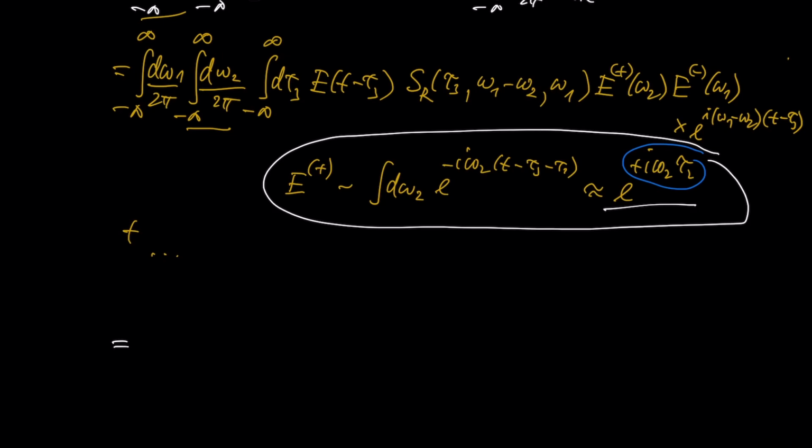Now I will not do it in detail, but if you look into what we are doing, we again replace the E(t minus tau 3) by its Fourier transform. That gives us the spectrum or the Fourier transform of E integrated over some omega 3, and there will be exponentials inside, which we combine with the remaining exponentials here, and we get some Fourier transform in terms of the tau 3 variable and some combination of other variables.